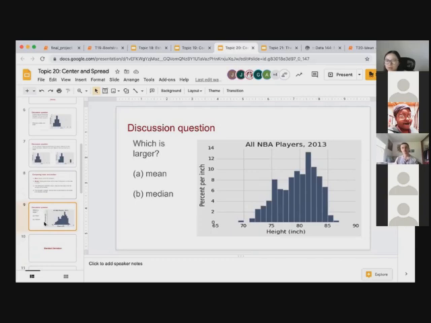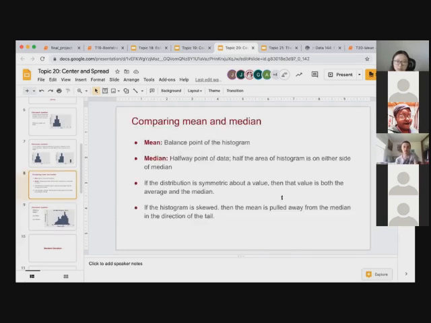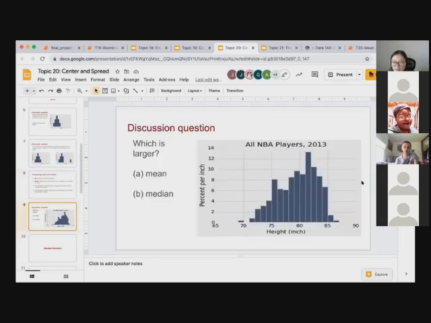So I guess we consider, well, it is a skewed distribution, and we know that if it is skewed, then the mean, let's come back to that slide, the mean is going to be pulled away from the median in the direction of the tail, okay? The tail is to the left, so I guess the median is going to be larger, because the mean is going to be pulled further to the left, slightly, okay?